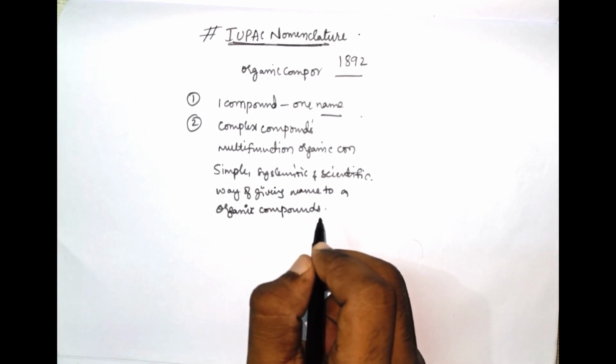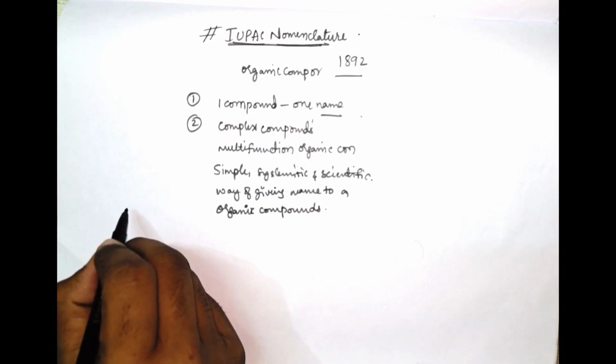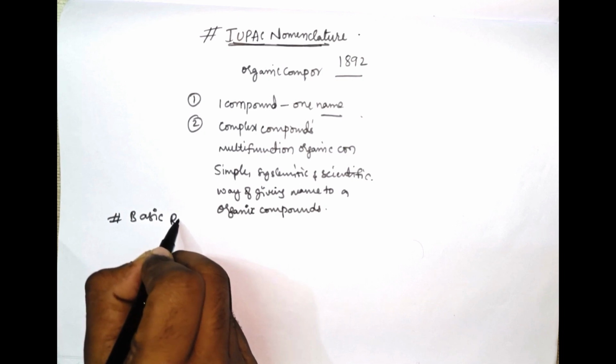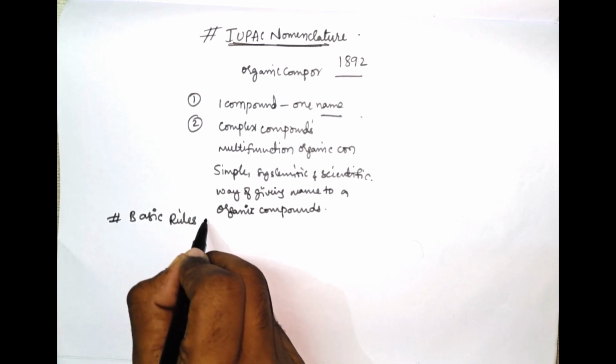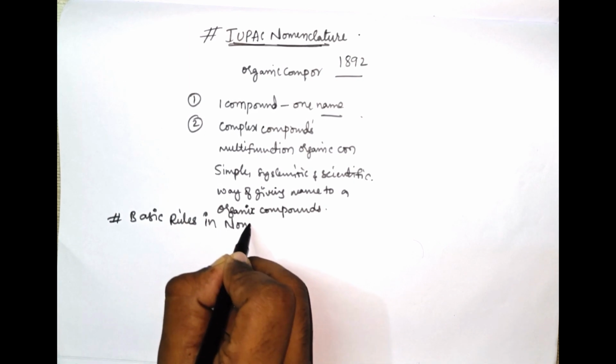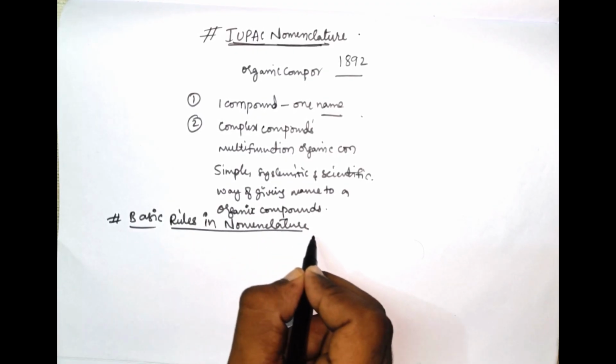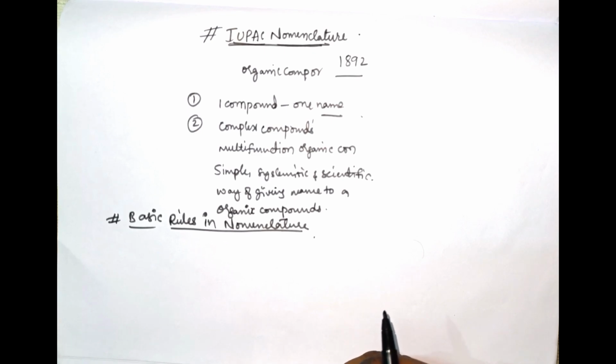As for the next topic, it's the basic rules. What are the basic rules which we must know in nomenclature? That is what we'll be discussing right now.